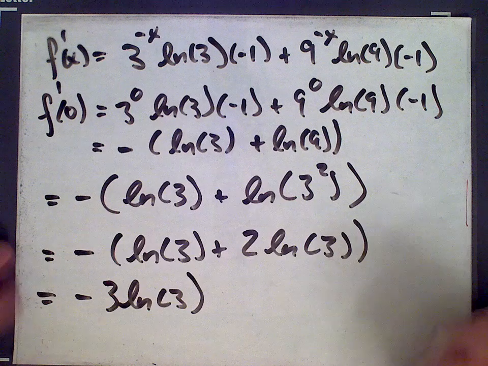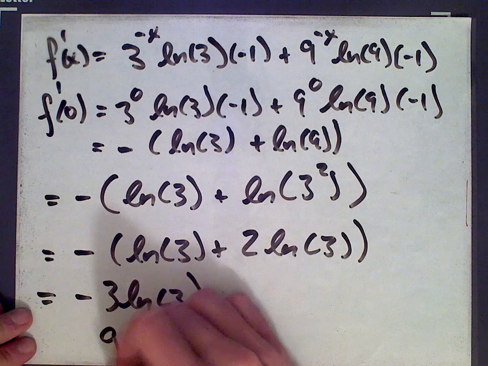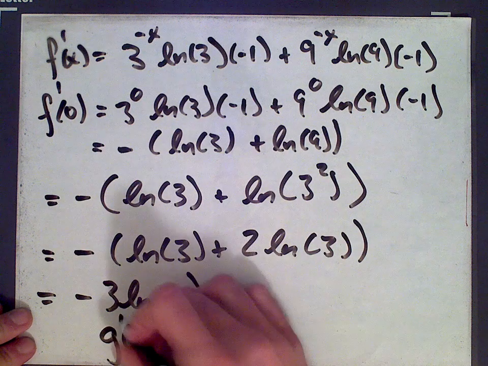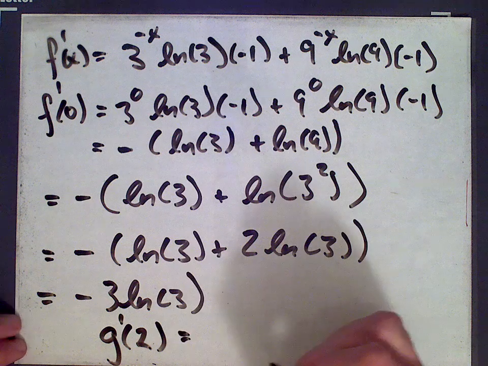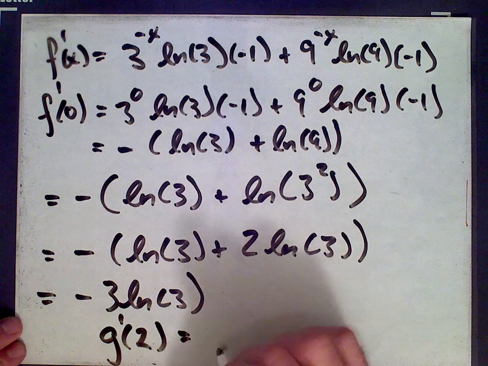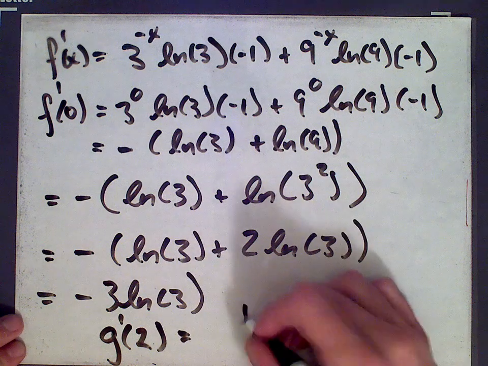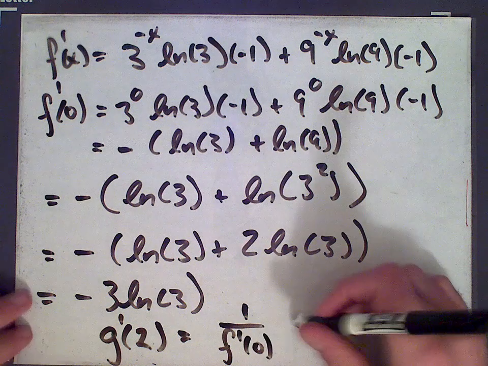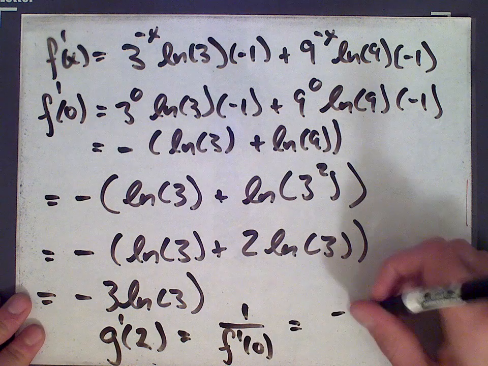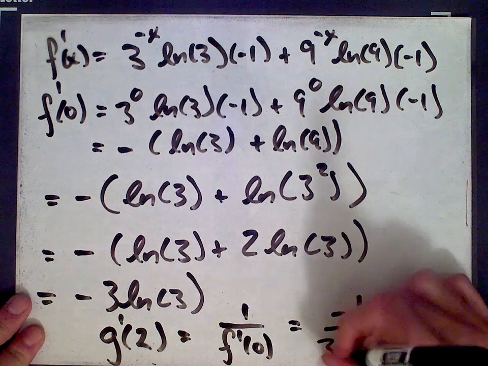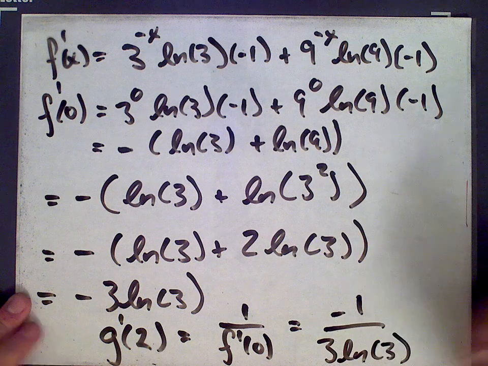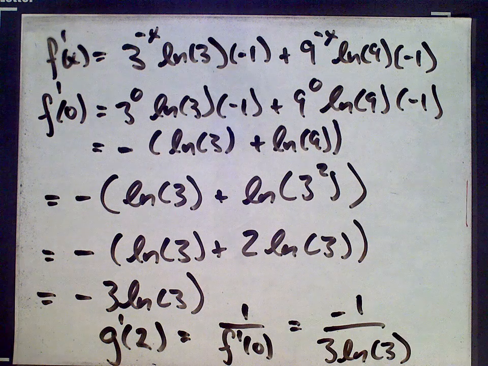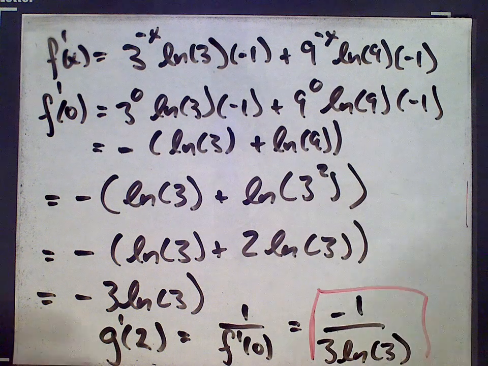So the answer we're looking for, g prime at 2, equals 1 over f prime at 0, which we just found is negative 3 ln 3. So we get negative 1 over 3 ln 3. And that's the solution and answer to question number 19.